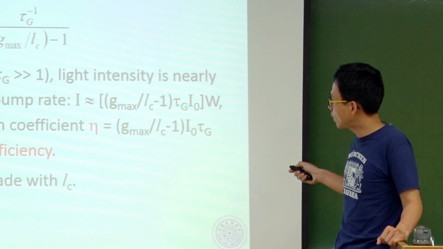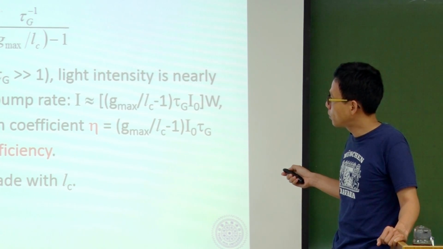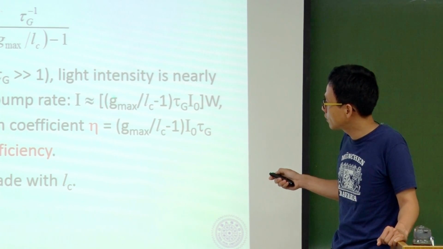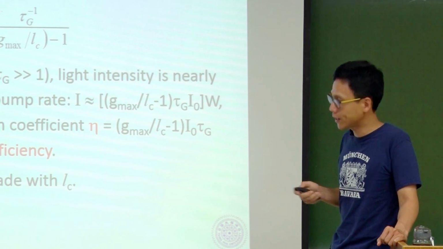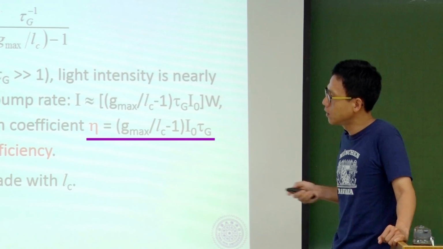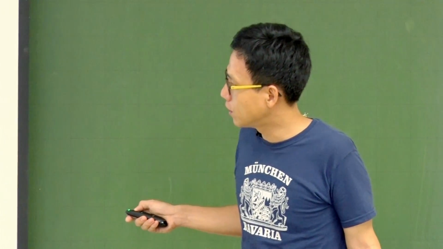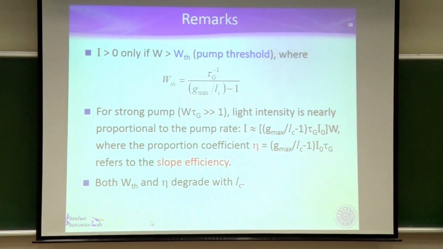So I is roughly proportional to W. And the proportion coefficient, which is the total number inside the bracket, is denoted by eta, which is the slope efficiency of this laser. And this is the slope efficiency formula.